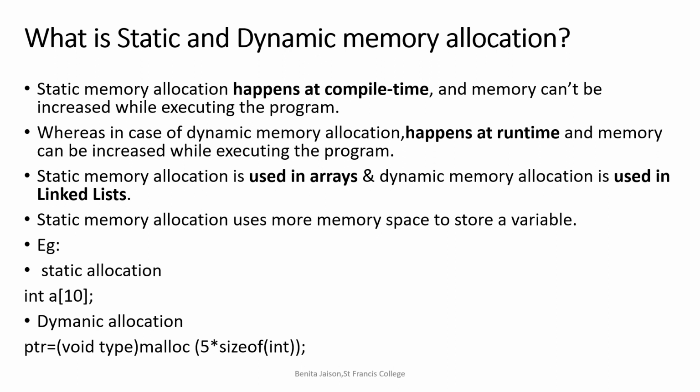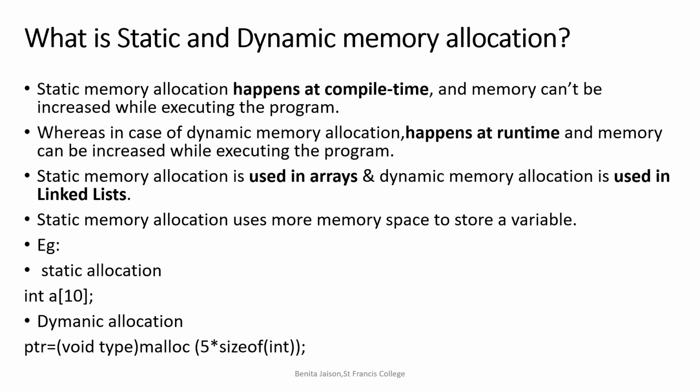That is, suppose we have declared an array of size 10, and if you are currently planning to enter only five numbers or elements to the array, then the remaining 5 will be wasted, right? So if you are going for dynamic memory allocation, we are not declaring the size.